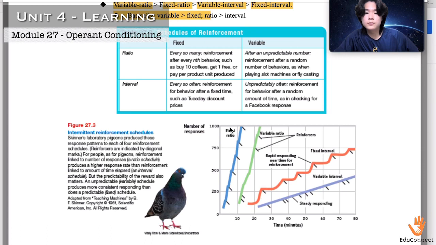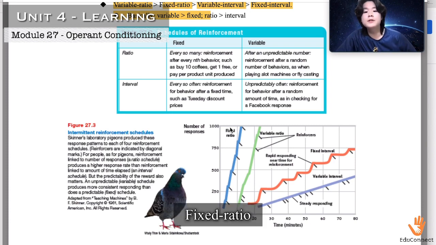Let's see some additional examples. For fixed ratio, there may be reinforcement after every nth time of a behavior, such as buy 10 coffees, get 1 free, or pay per product produced.